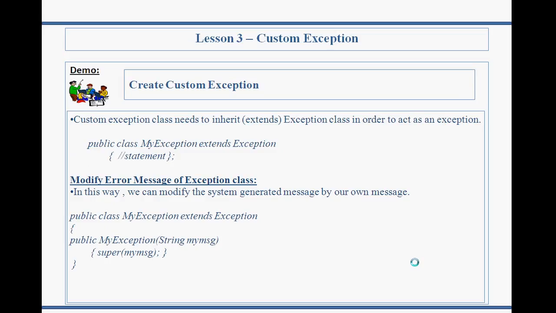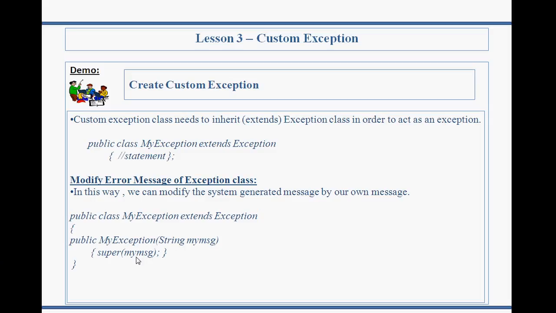How to create a custom exception? A custom exception is also known as a user-defined exception. In order to create a custom exception, your user-defined exception class must extend the Exception class. And if you want to modify the error message of the exception class, that means if you want to replace the system generated message with your own message, then define a constructor with a string parameter and call super.